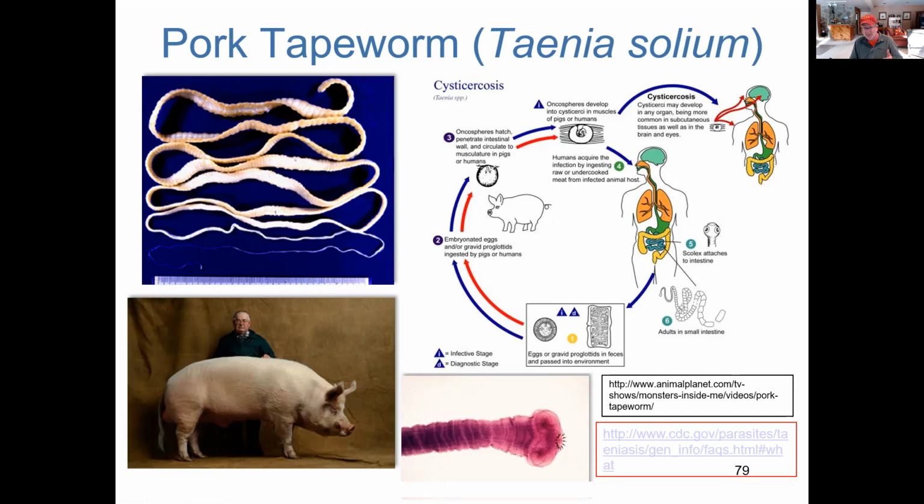So let's assume you're eating pork. It has not been cooked sufficiently. The pig had been contaminated with the tapeworm, and a stage of it, which you don't need to know the name of, basically encysts in the muscle of the pig. You eat the undercooked pork, it gets into your body.